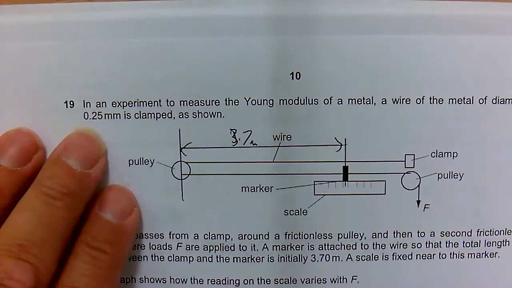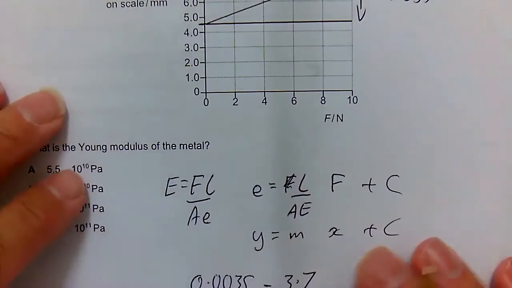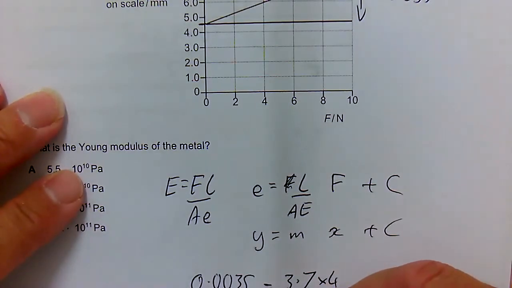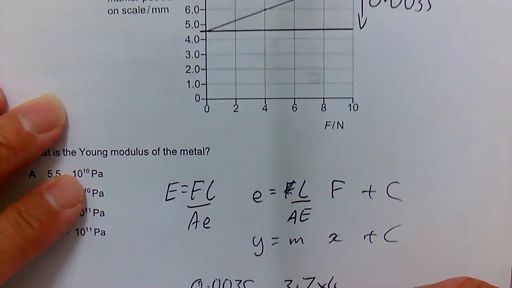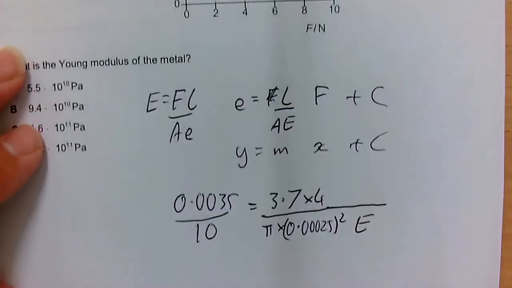Well, it tells you the diameter, so it's a quarter pi d squared. So we multiply that side by 4, with pi times 0.25 millimeters, that's 0.00025 squared, times E. Whoops, I've gone off the bottom there.